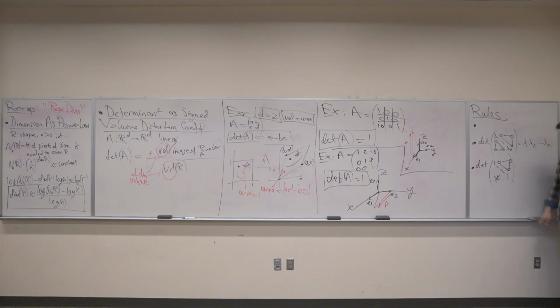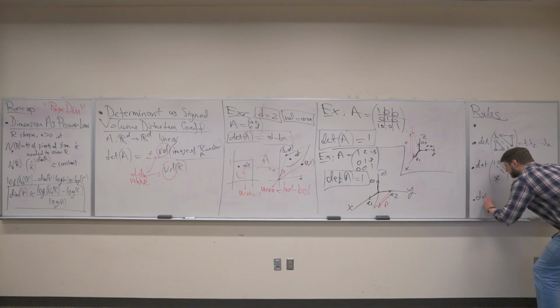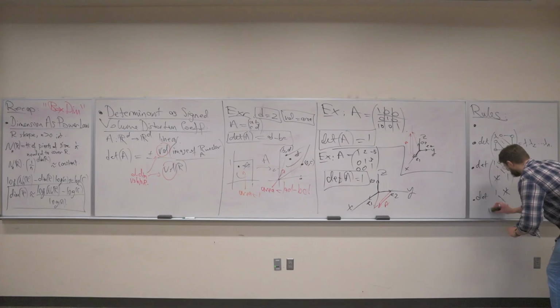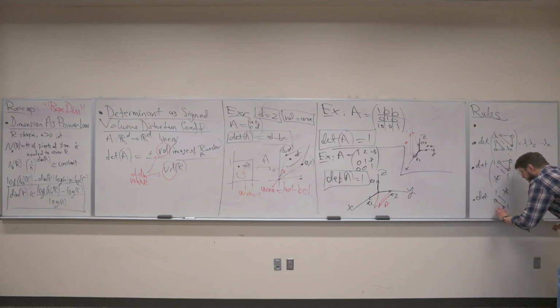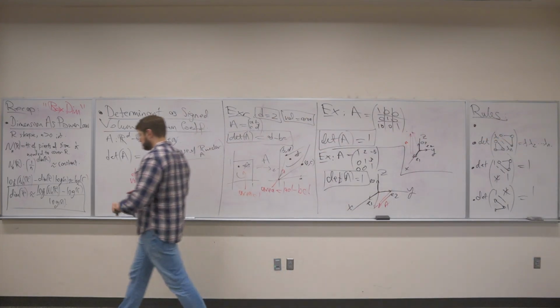The moment you see the shape, the determinant is 1. The moment you see it the other way around, so 0 is underneath, again, the determinant is immediately 1. In any dimension, okay?